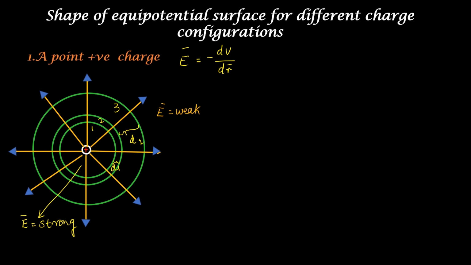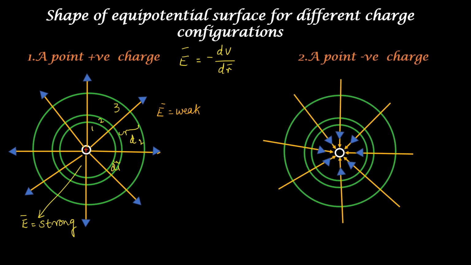For a point negative charge, the shape of the equipotential surface and the spacing will be the same, but the electric field lines are directed towards the charge. So nearer the charge, the electric field lines are closer, suggesting that intensity of electric field is more there. Away from the charge, the electric field lines are apart, so electric field intensity is less there.